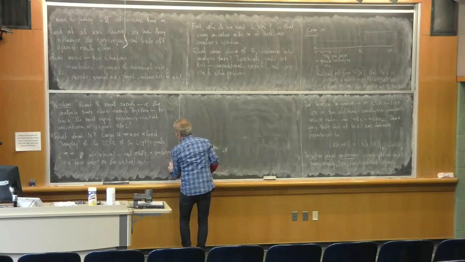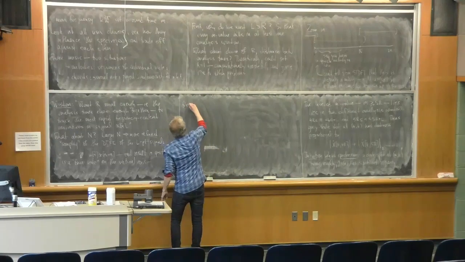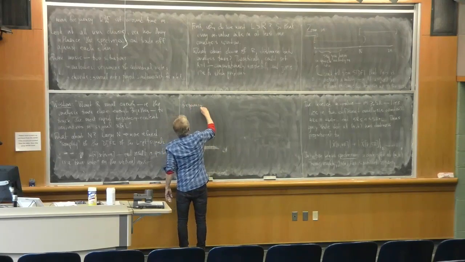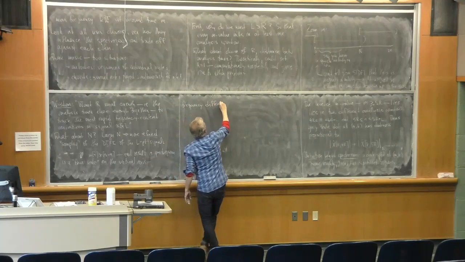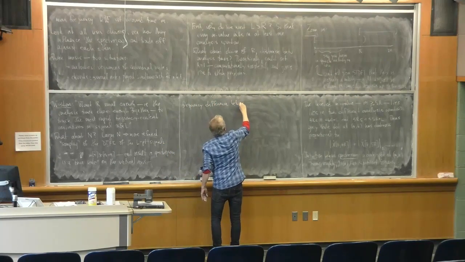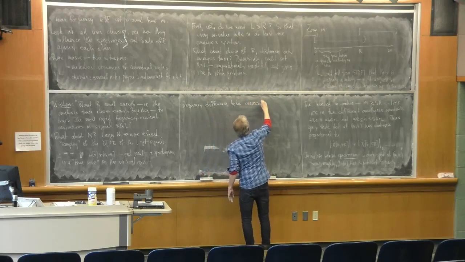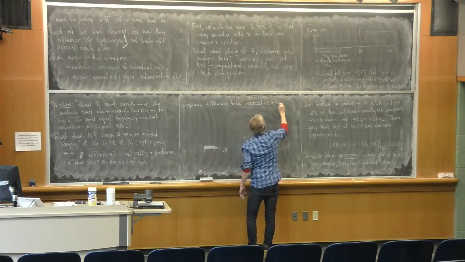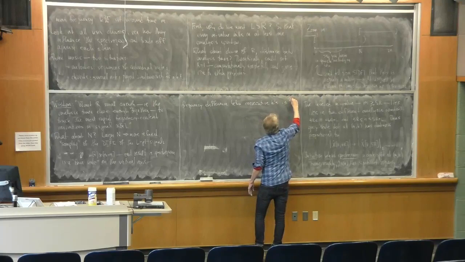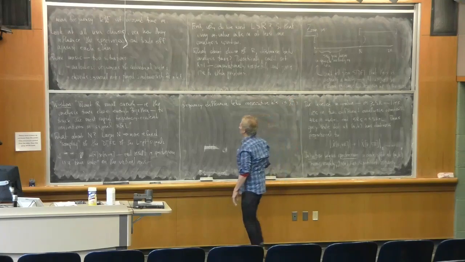Let's not use distance here. Let's say the frequency difference between consecutive k's on the vertical axis is 2 pi over N, which is smaller when N is bigger.